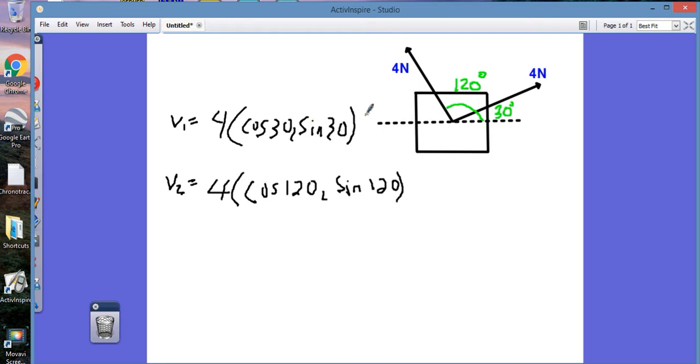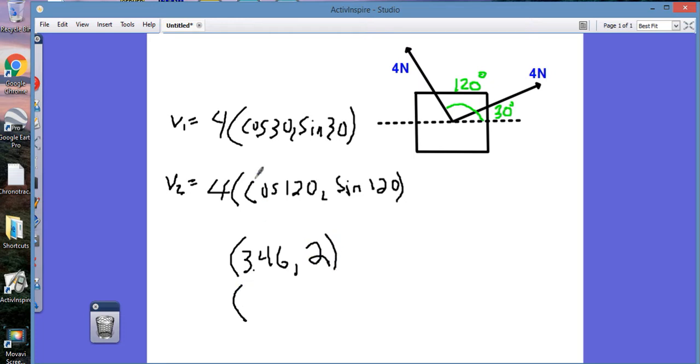Now your teacher may want you to do these in fractions like 1/2 and square root of 3 over 2. To get through this more quickly, I'm just going to do decimals. So 4 times, for example, the cosine of 30. Well, cosine of 30 is square root of 3 over 2. So in decimals, your vector 1 comes out to 3.46, and then 4 times 1/2 is 2.